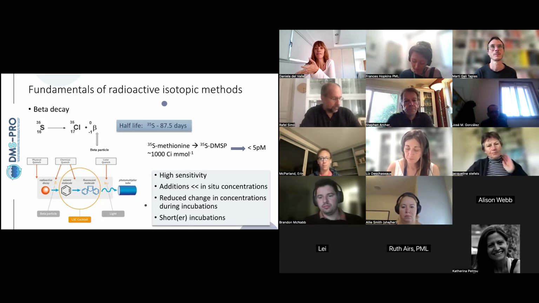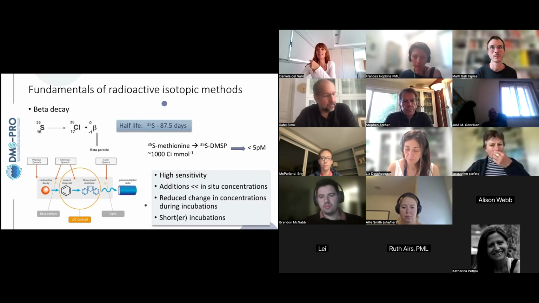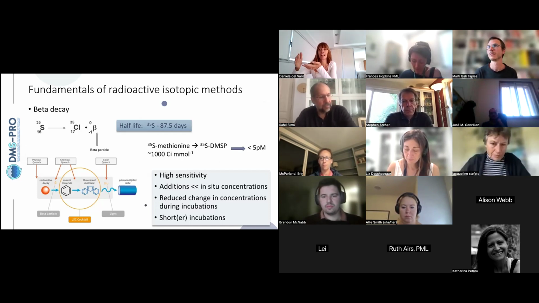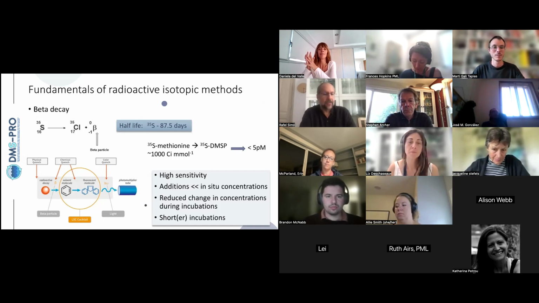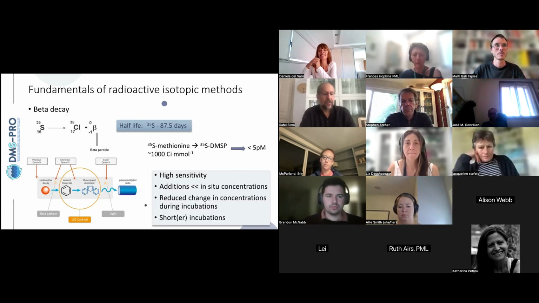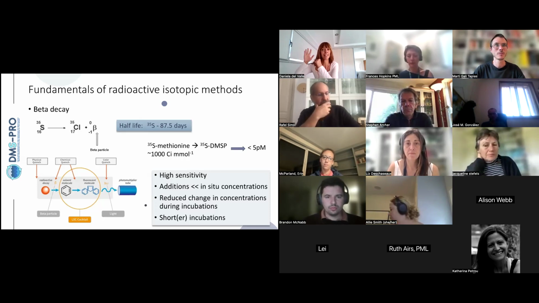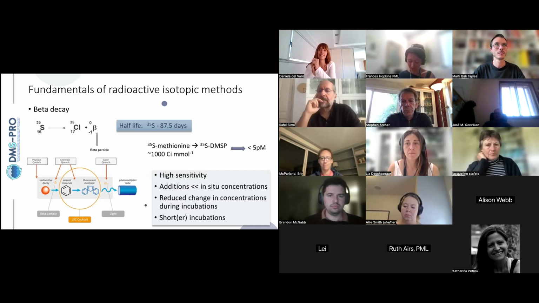So sulfur-35 has a half-life of 87 days. This means that after that time, half of your initial radioactivity will have decayed. It's not ideal, but it's workable. But what that means is that you can't have labeled DMSP sitting in your freezer for 2 years, because your specific activity will be very low after that time, and your stock is no longer useful.